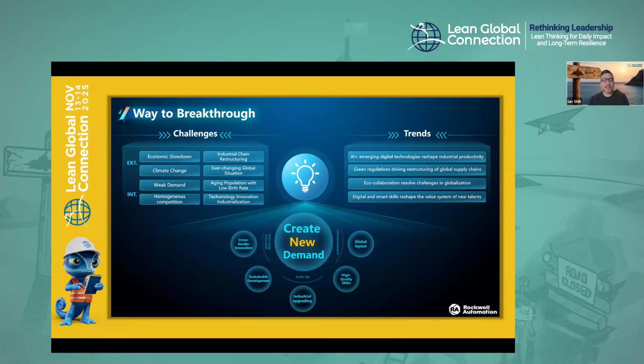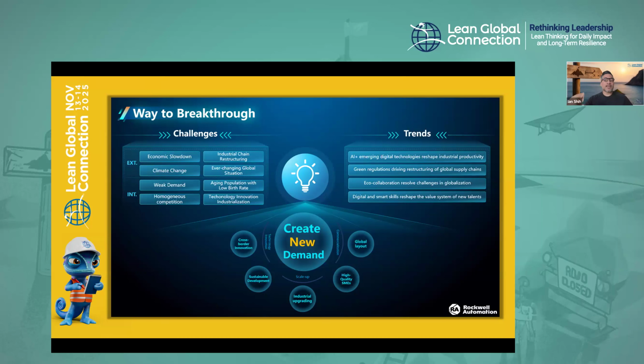So here's the fundamental basics I would like to explain. There are external challenges and internal challenges, and there are several trends going on. So instead of getting into details, what we are observing today from most of the industries is that the current supply is over the actual demand, which is making the industries not necessarily sustainable enough.